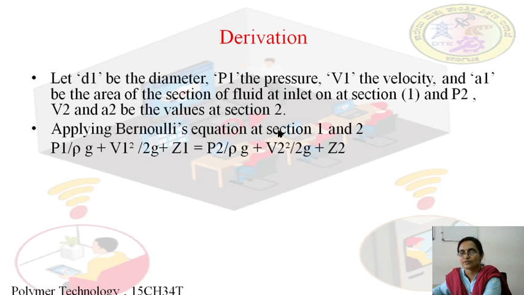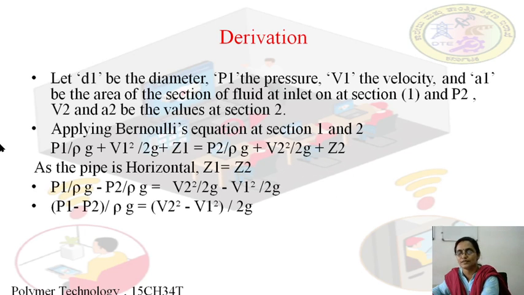Applying Bernoulli's equation at sections 1 and 2, we get P1 by rho g plus V1 squared by 2g plus Z1 equal to P2 by rho g plus V2 squared by 2g plus Z2. As the pipe is horizontal, we can take Z1 and Z2 as equal, and we can cancel them out.